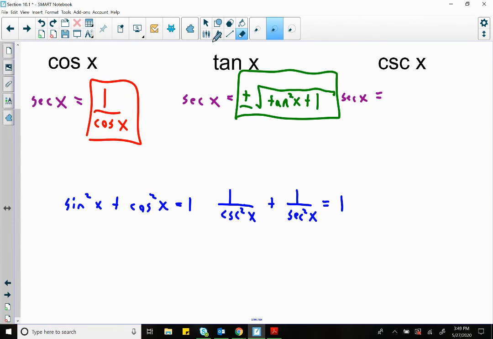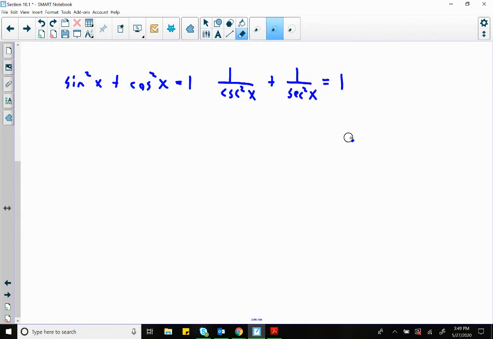Okay. So here's what I did going through the rest of this. Again, this is going to be a lot of algebra and fraction work. First thing, because I need secant by itself, I moved this to the other side. So how do I get rid of a positive 1 over cosecant squared x?